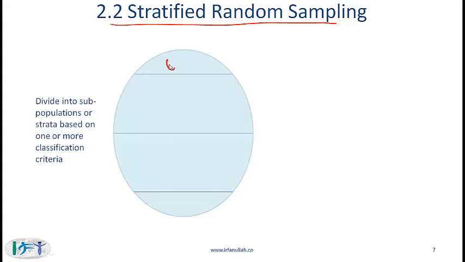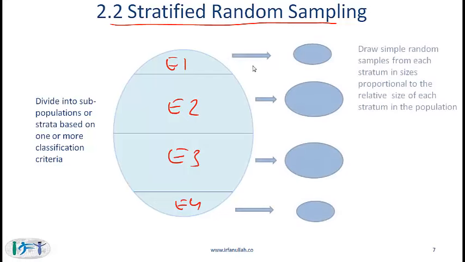So you can say there is exchange 1, exchange 2, exchange 3, and exchange 4. So now you have the different subpopulations or strata. Next, you pull a sample from each subpopulation. Then you draw a simple random sample from each stratum in sizes proportional to the relative size of each stratum in the population.